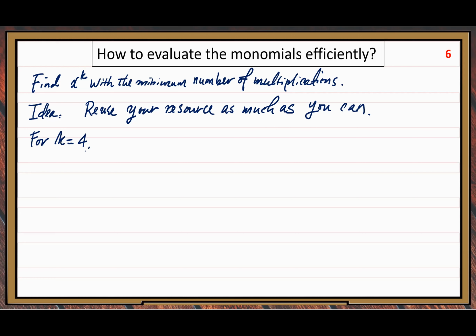Now we want to calculate x to the 4th as fast as we can. Step 1, we calculate x times x. One multiplication, we get x squared.